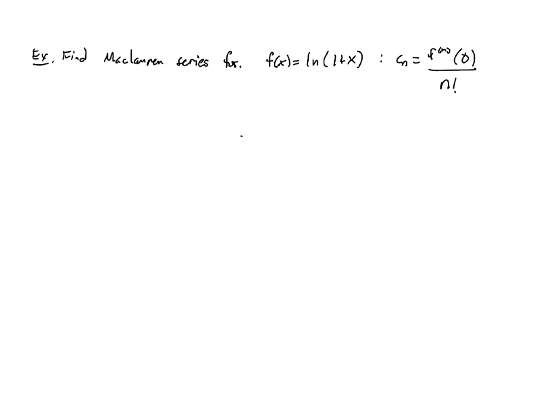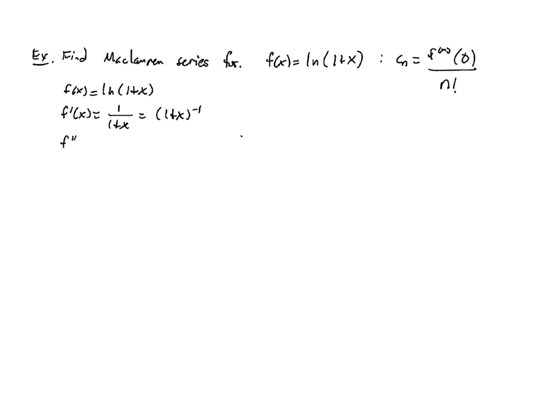So first of all, you have to take the derivatives. My original function is ln of 1 plus x, and its derivative is 1 over 1 plus x, which I'll rewrite as 1 plus x to the minus 1 so that it'll be easy to take derivatives.